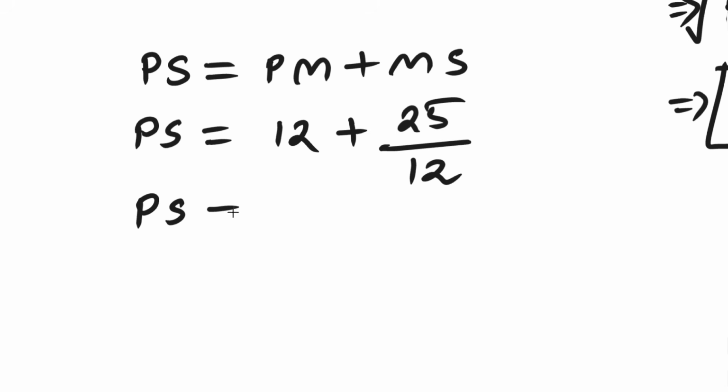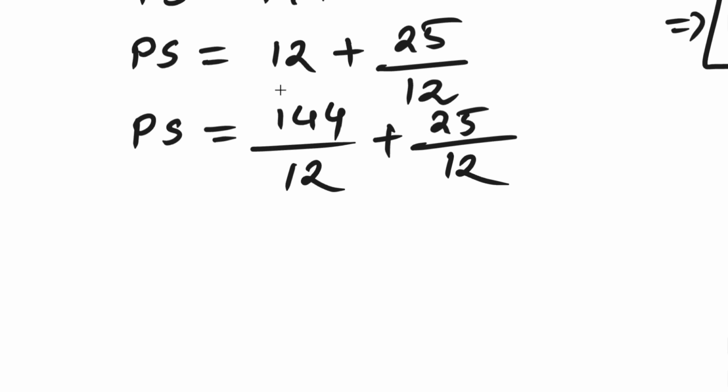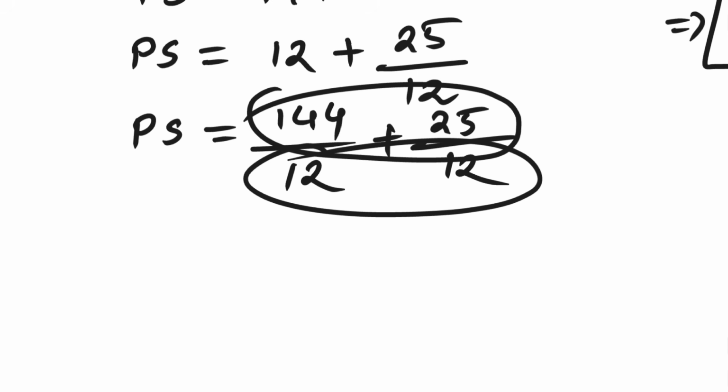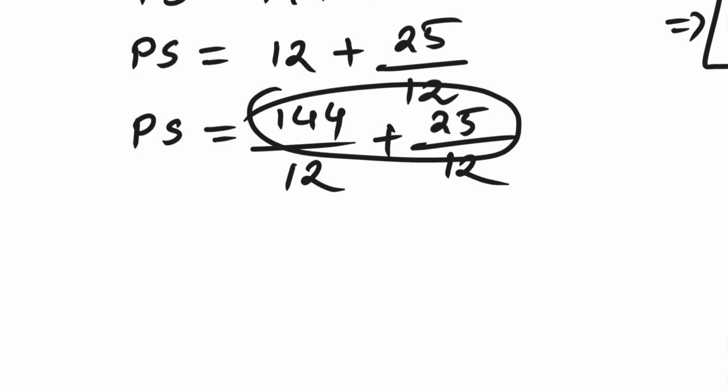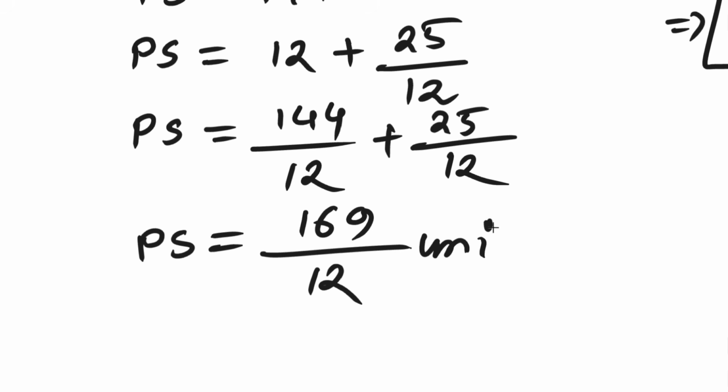Therefore, PS equals 144 over 12 plus 25 over 12. Since the denominators are the same, we simply add the numerators. 144 plus 25 equals 169. So the diameter PS equals 169 over 12 units.